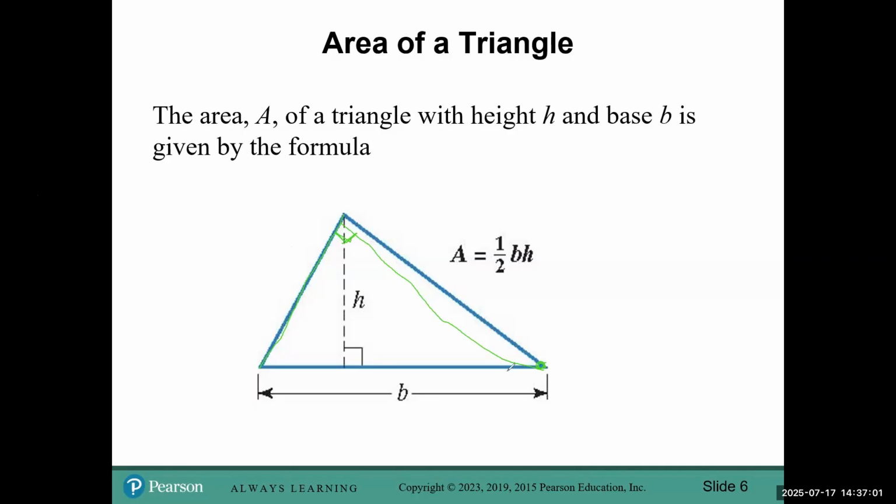And similarly, if I know the measure of this base, then I need the measure of this height that goes from this opposite side and makes a perpendicular. So those will all give me equivalent areas. And which one do we use? Well, whichever one we have. Whichever base and height I have, those are the ones that I'm going to use to find it.